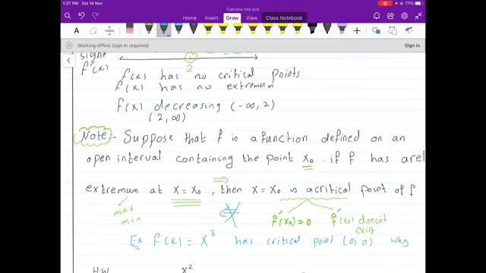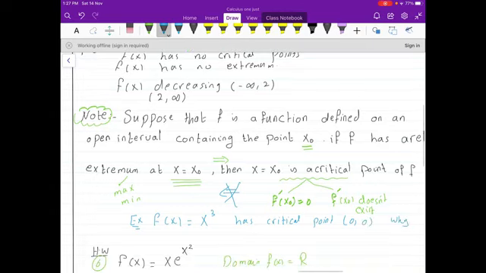Why? If you differentiate, 3x squared equals 0, but at this critical point there is no max and no minimum. So if there is a critical point, maybe it has a max or minimum, maybe not. Notice that f prime of x equal 3x squared is always positive, so the function is increasing, so no max and no minimum.